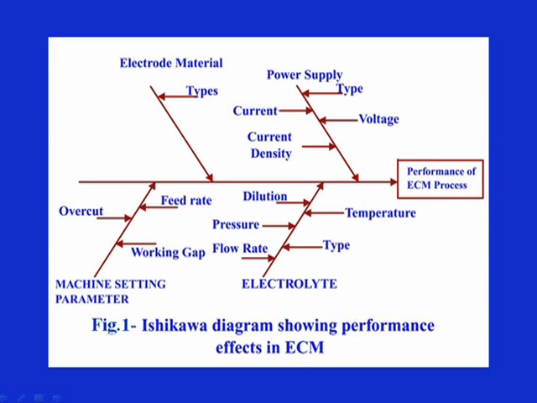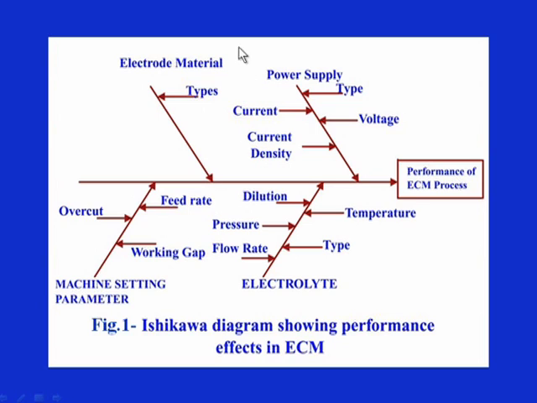Now, let us see the process parameters involved in ECM. An Ishikawa cause and effect diagram can be prepared like this, which is on the screen. So, there are basically 4 types of parameters: electrode material based, power supply based, electrolyte based and machine setting parameters.